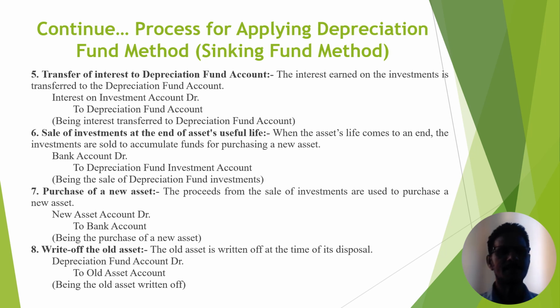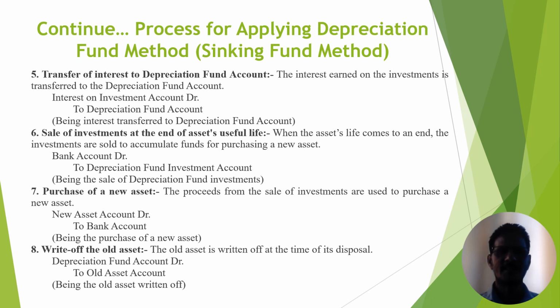The journal entry is bank account debit to depreciation fund investment account. Then we sell the investment and we have money. From this amount, we can purchase a new machine. For this, we prepare this journal entry: new assets account debit to bank account.